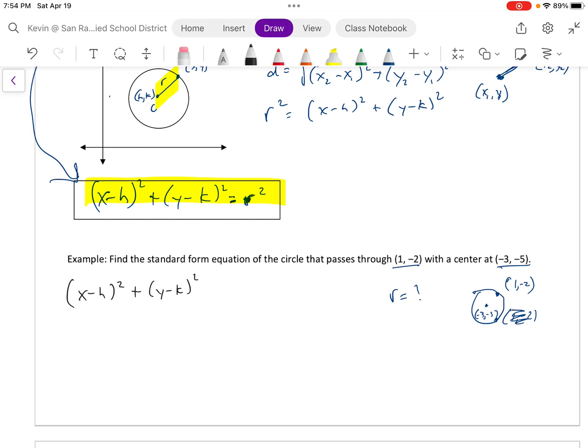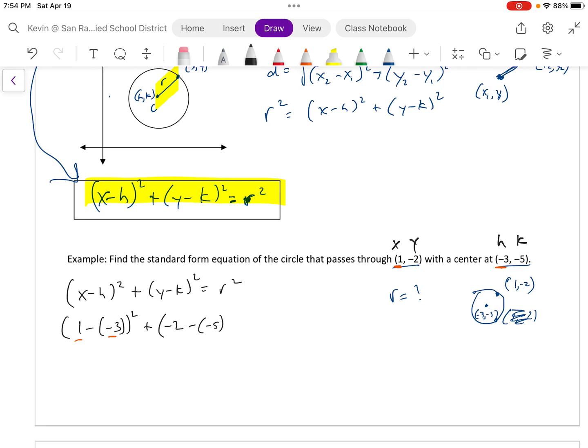So we use our standard equation, which is x minus h squared plus y minus k squared equals r squared. And we plug in those values. So this is our x and our y, and this is our h and our k. So I'm going to go 1 minus -3 squared, right?